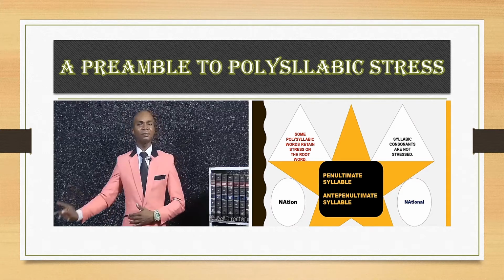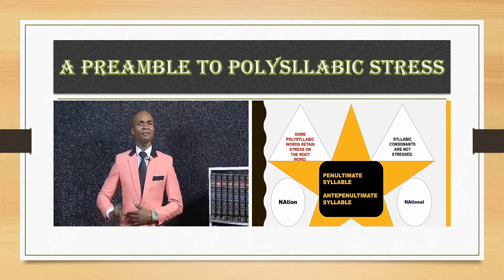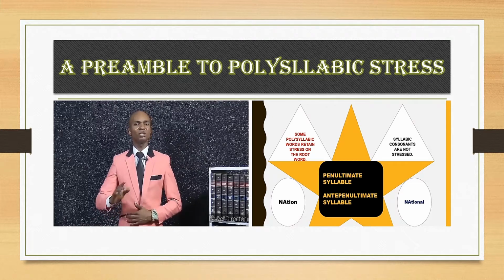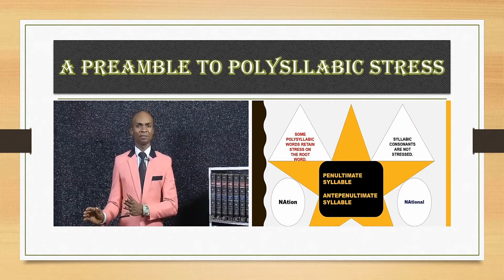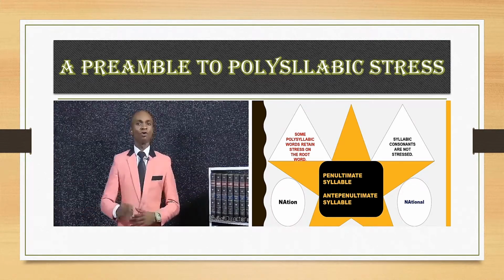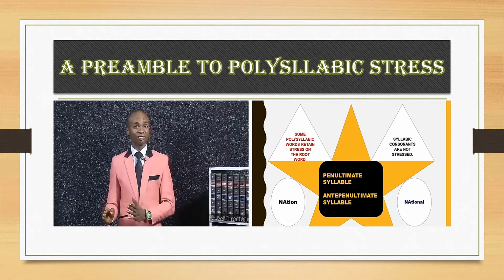Now, the last syllable there ends like a syllabic consonant. And when we studied stress on two-syllable words, we learned that we do not place stress on syllabic consonants. Because we learned when placing stress on two-syllable words that 1. Syllables that contain the schwa are usually not stressed, and 2. Syllabic consonants are usually not stressed.